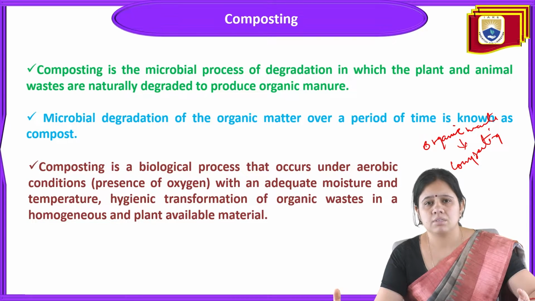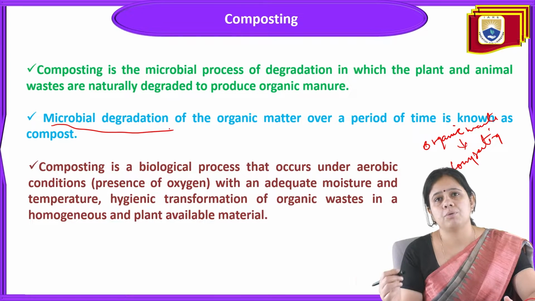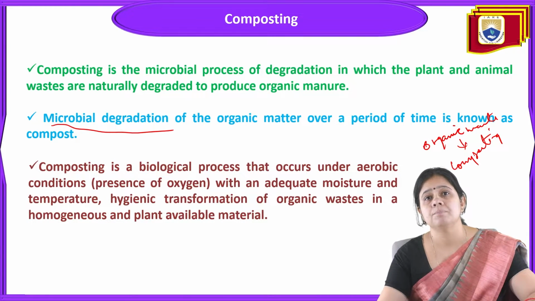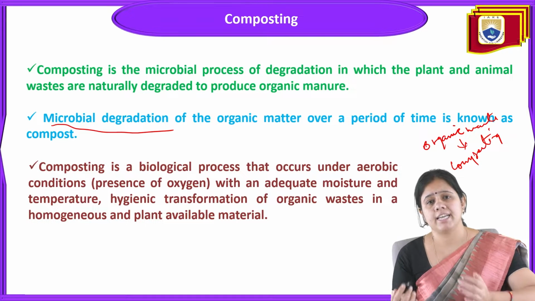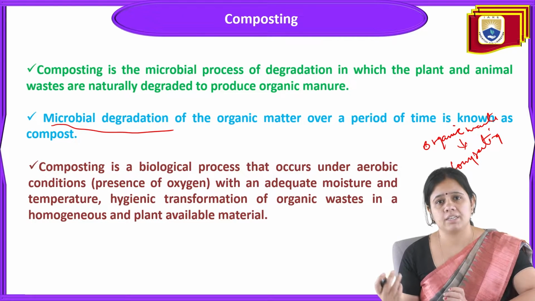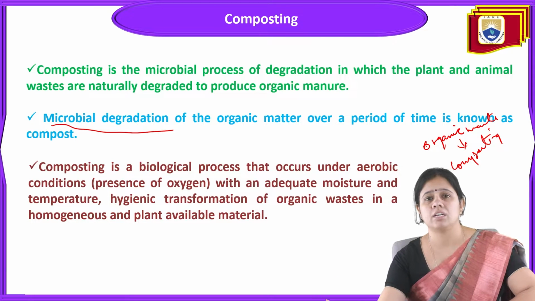It is just a microbial degradation. We'll discuss the whole process in coming slides: how this microbial degradation takes place, which types of microbes are involved, what the factors are, and what the important requirements for this composting process are.